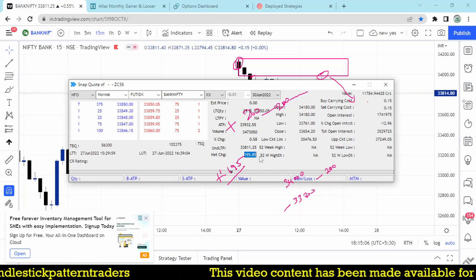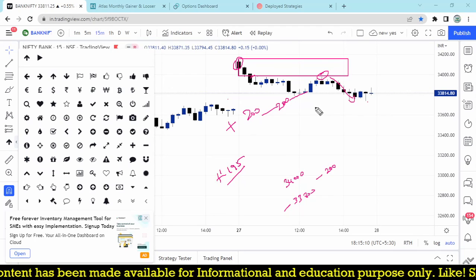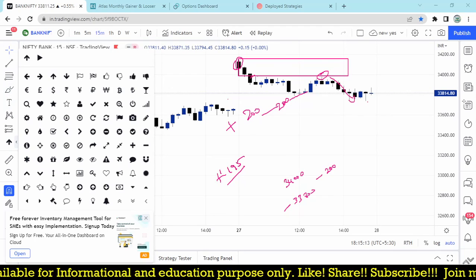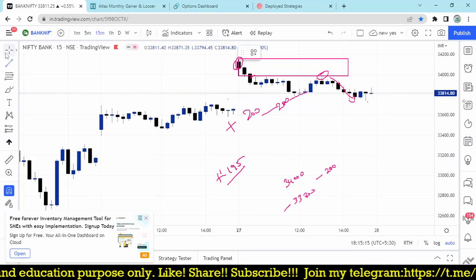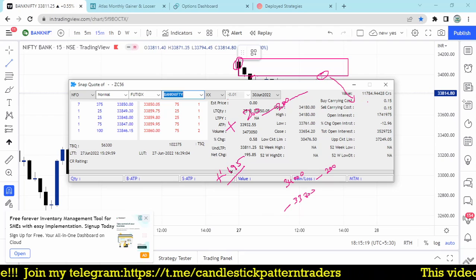How? Can you see? Today the market started somewhere around, just a second. Today the market closed, Bank Nifty, while I am showing the futures contract.